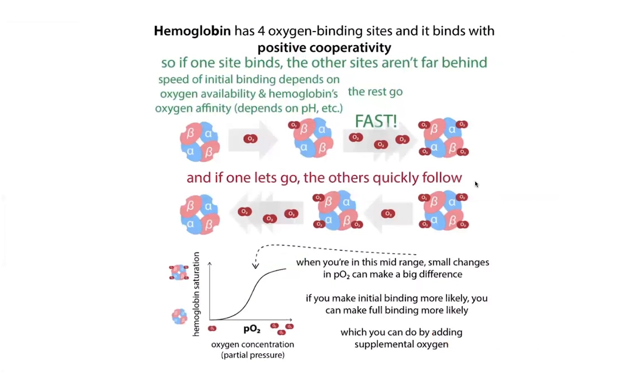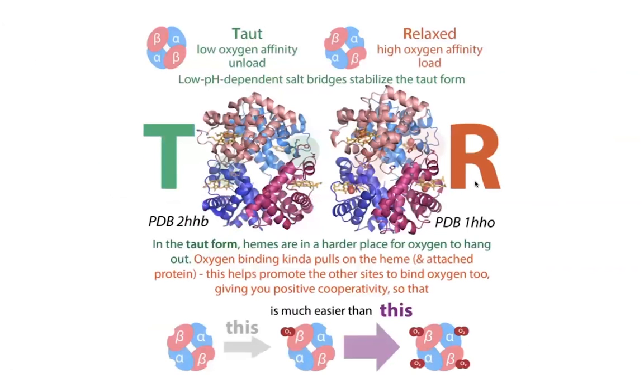In terms of number of sites, hemoglobin has 4 of these sites, and they bind cooperatively. So once that first oxygen binds, it makes it more likely for those other ones to bind. And then if one lets go, the others quickly follow. This means that when you're in that middle range, small changes in the oxygen concentration can make a big difference. We saw that this was molecularly based.